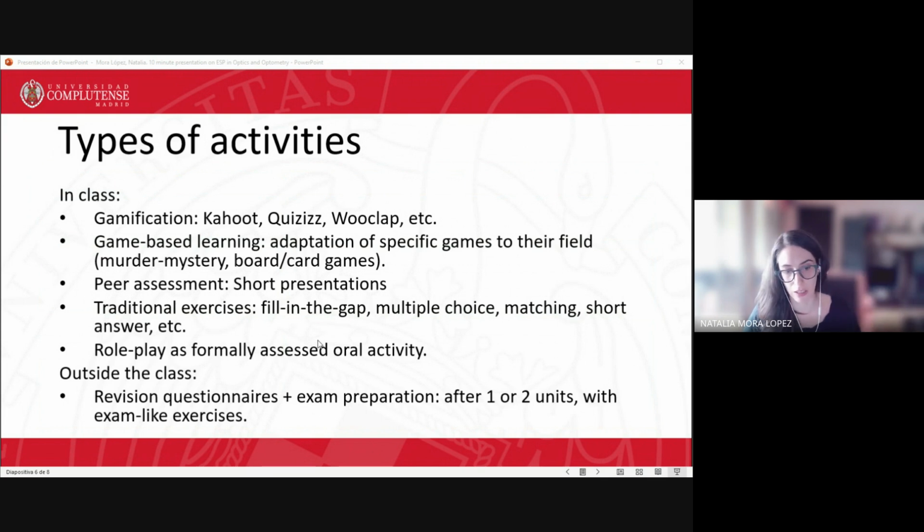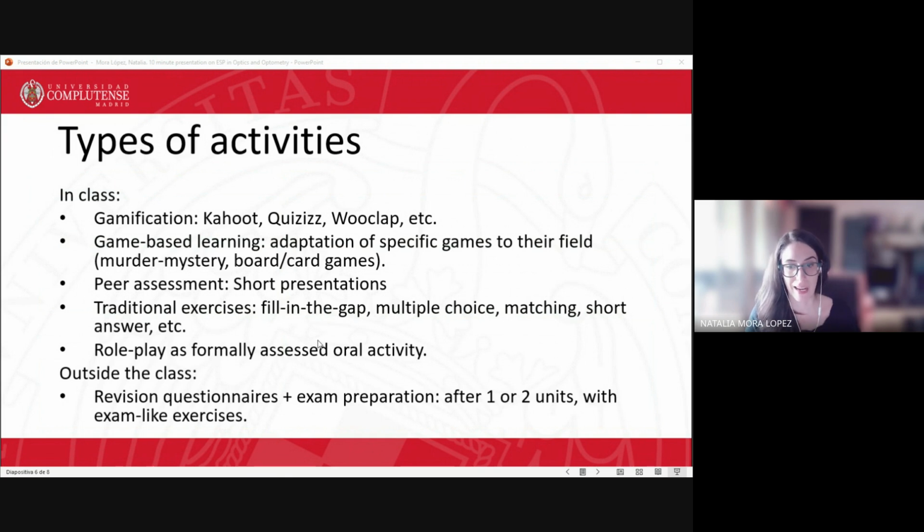They have to use the scientific English that they've learned. In English applied to optometry, they have to simulate that they are in the clinic with a patient and do the role play, and this is assessed by me.